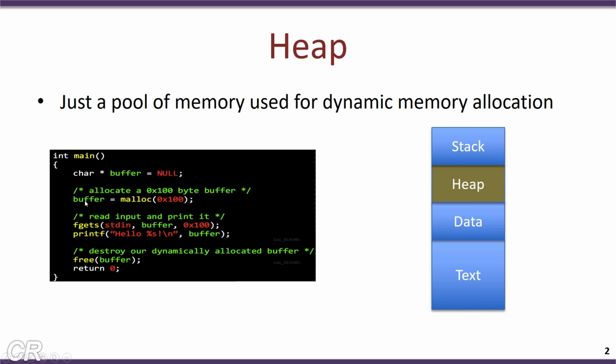Given this pointer, we can read, write or manipulate the data present in that heap chunk, and at the end of usage we can free the buffer. After the buffer is freed, that chunk of 256 bytes which we have just allocated in the heap can be used by other mallocs which may be present in the program.